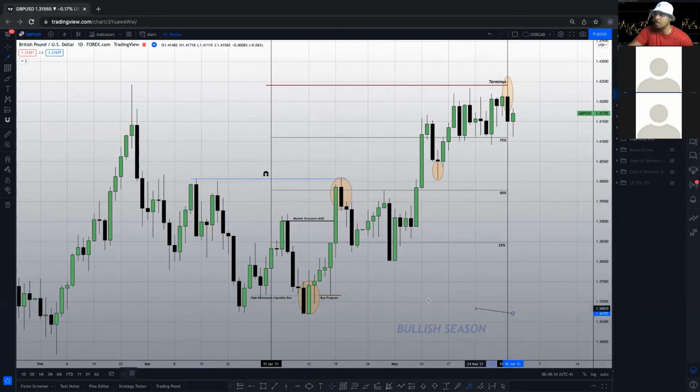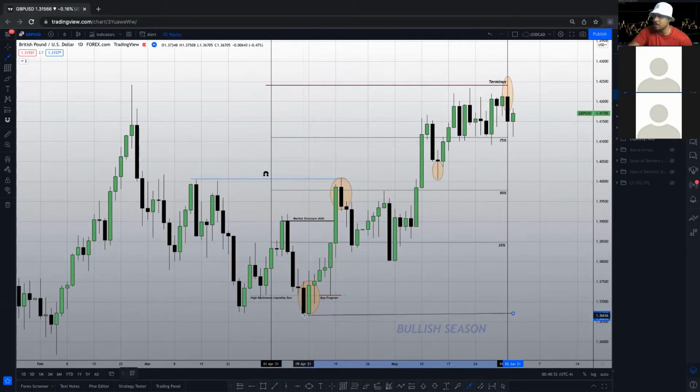What's really important about this is how we ran this internal liquidity. This low here created a run on stops. External liquidity ran.